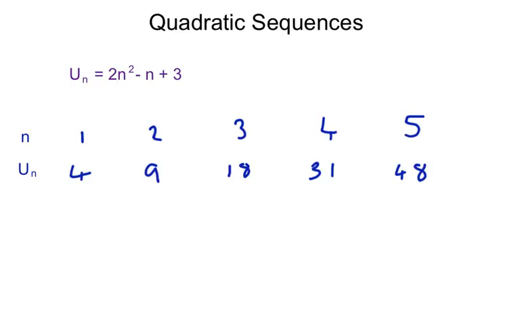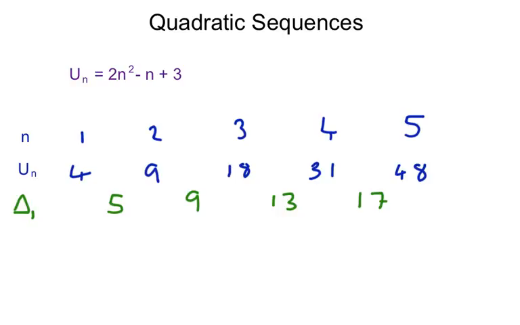Now we're going to work out the first difference. We often use the notation triangle 1. Well, triangle is actually the Greek letter delta, and we often use that letter in maths to mean the difference. So the first difference, triangle 1, here is 5, and then 9, and then between 18 and 31 is 13, and then it is 17 there.